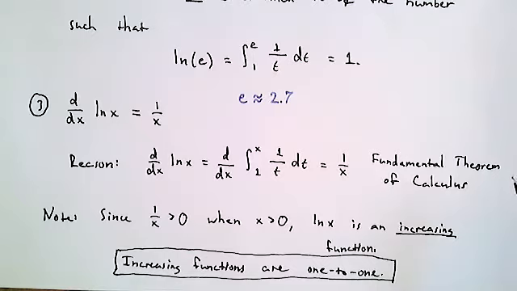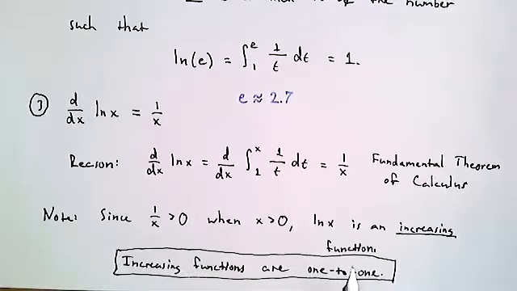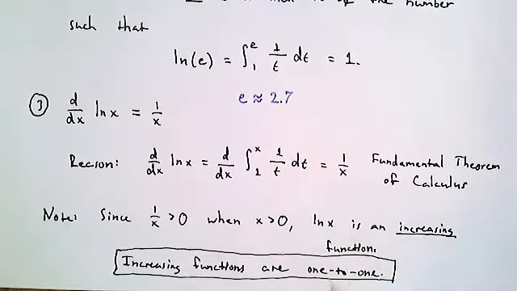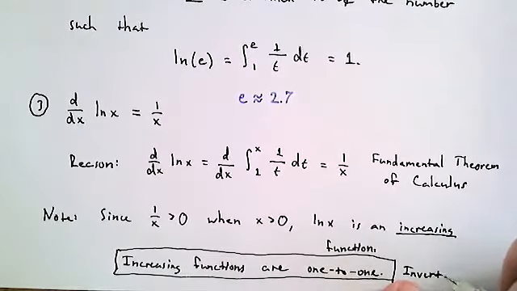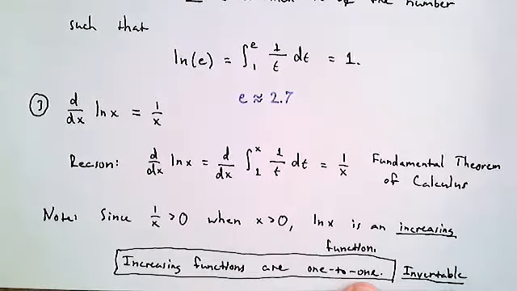The horizontal line only crosses them once. Okay, so if you wanted to test to see if a function is one-to-one, then yes, you would use the horizontal line test. But the answer that I'm looking for is that one-to-one functions are the kind of functions that are invertible. So these functions have inverses. That's going to be important for us.